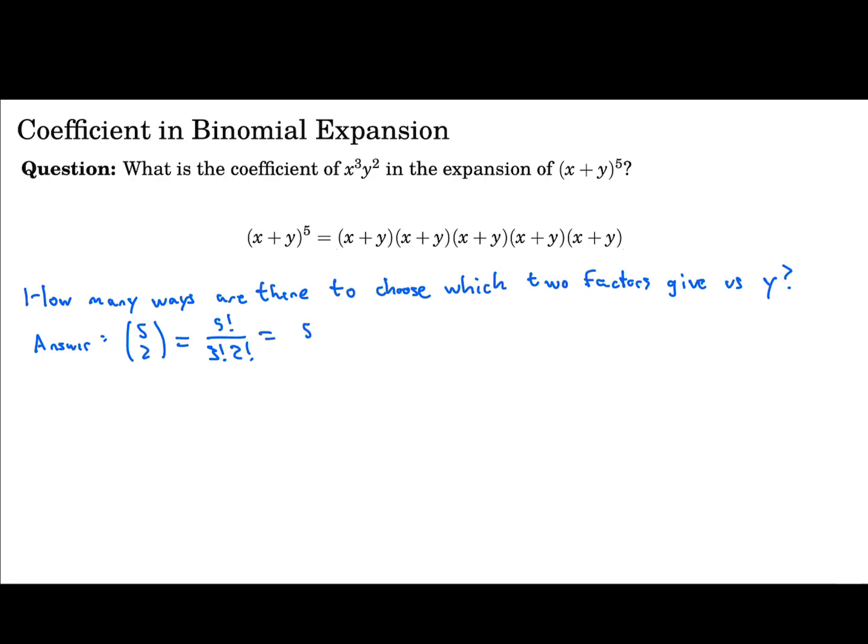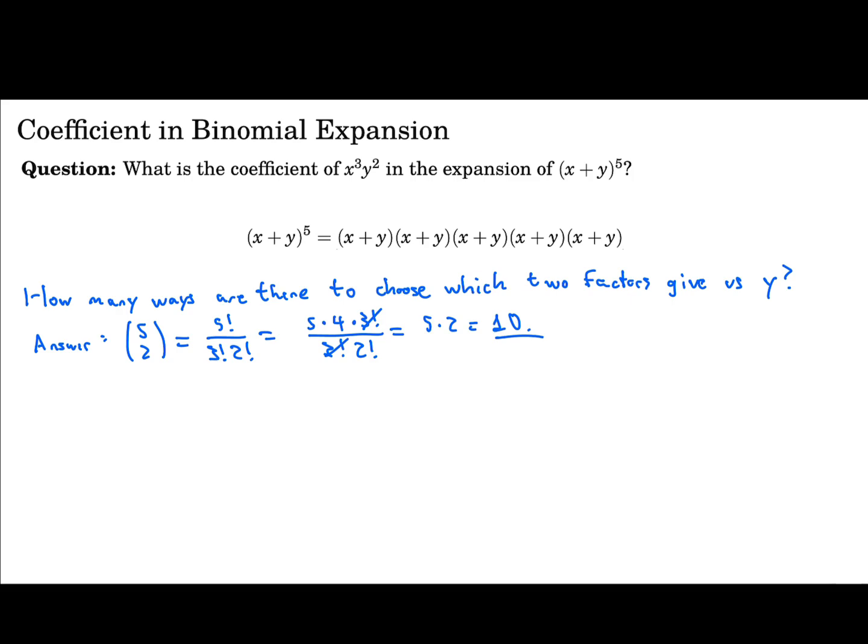And so this will be 5 times 4 times 3 factorial over 3 factorial times 2 factorial. The 3 factorial cancels out with the 3 factorial. 2 factorial is 2. So you just get 5 times 2 equal to 10. And so this is our answer to the question.